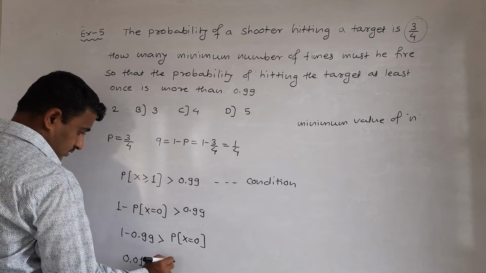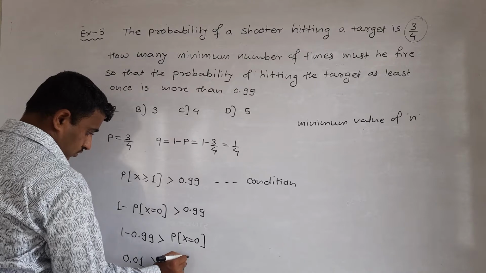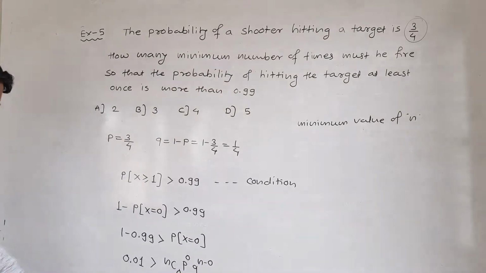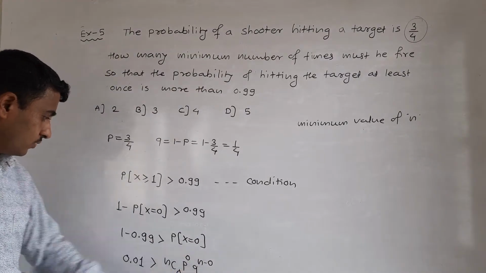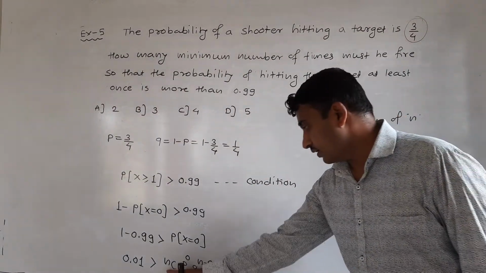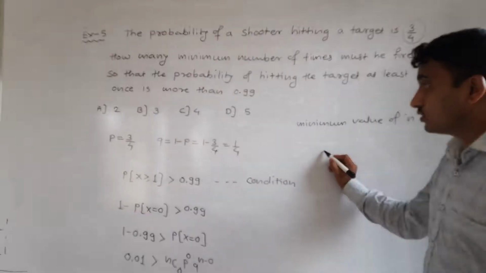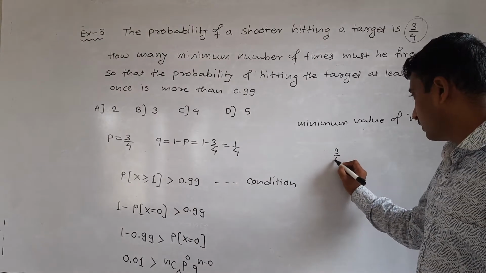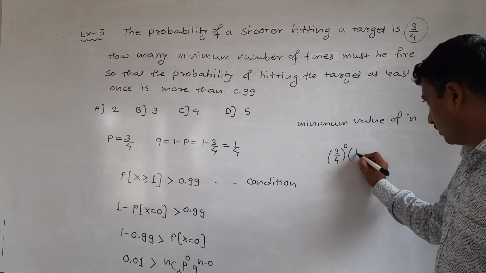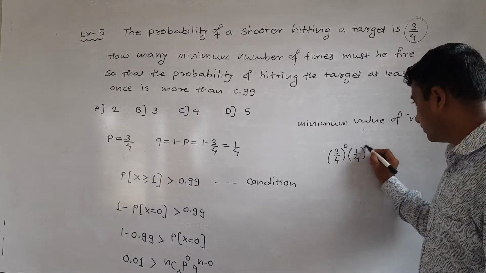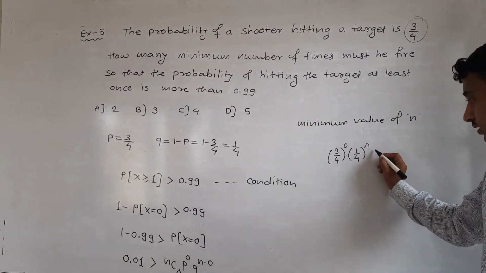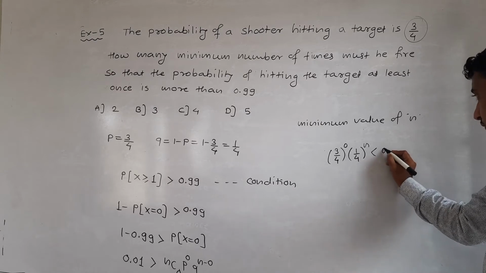Probability of x equal to 0 is nC0, p raised to 0, q raised to n minus 0. nC0 is always 1, neglected. p raised to 0, that is 3/4 raised to 0, is again 1, neglected. q is equal to 1/4, so 1/4 raised to n is less than 0.01.